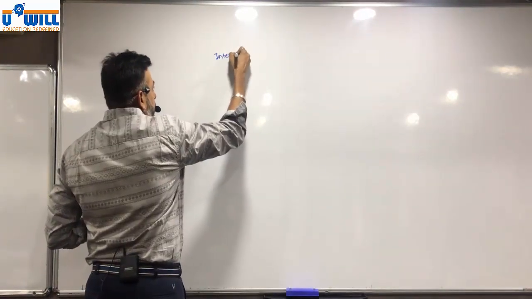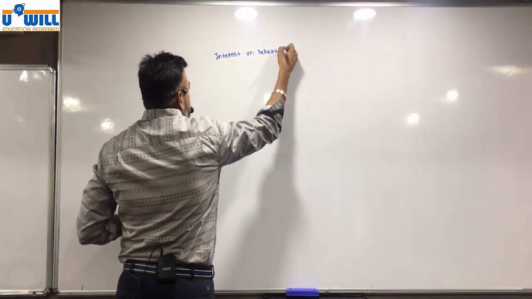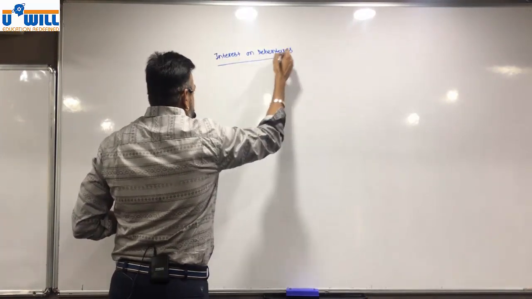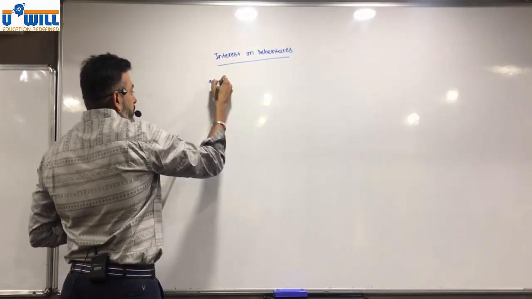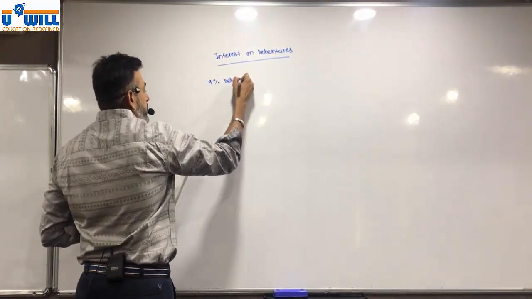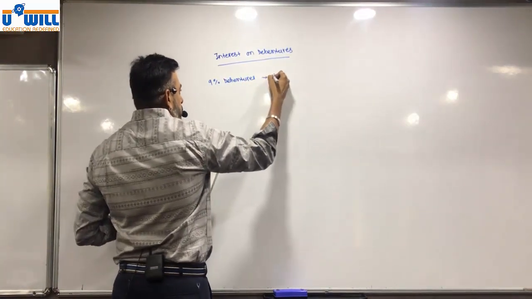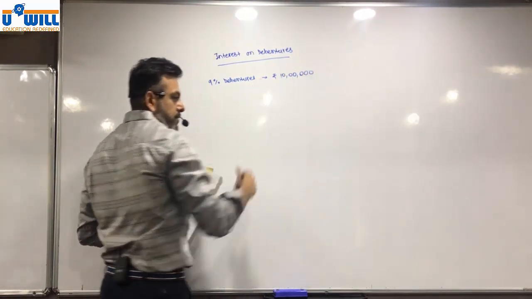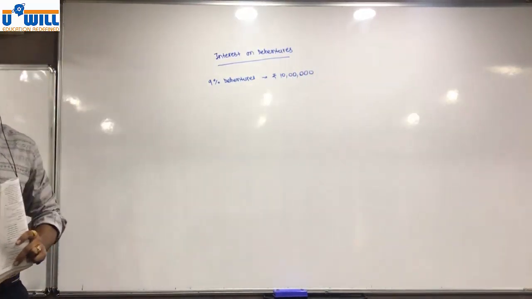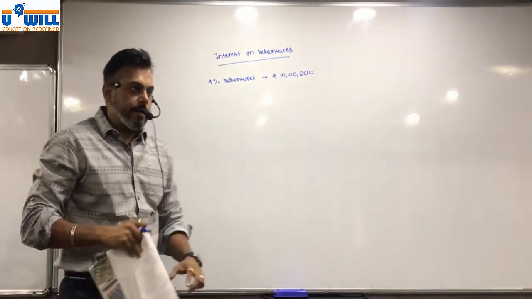Next concept we are going to study is interest on debentures. Now, say for example 9% debentures are issued of rupees, say 10 lakhs. Okay, 9% debentures are issued of rupees 10 lakh.